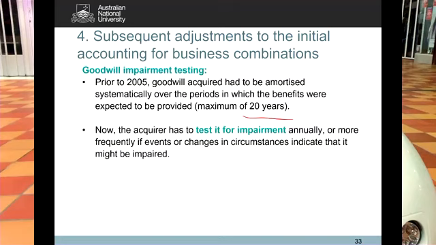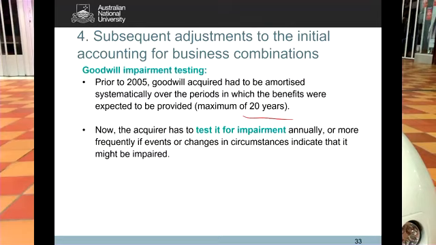Now it's changed. Now the acquirer has to test it for impairment annually, every year. Remember, we do learn this in the impairment loss topic, so we need to test it for impairment annually, or more frequently if events or changes in circumstances indicate that it might be impaired.